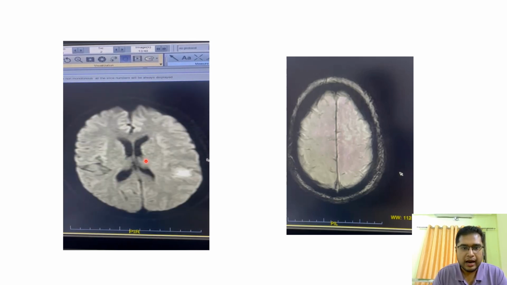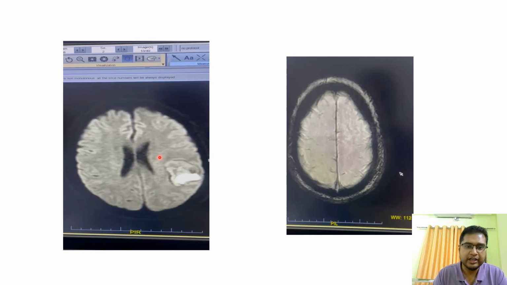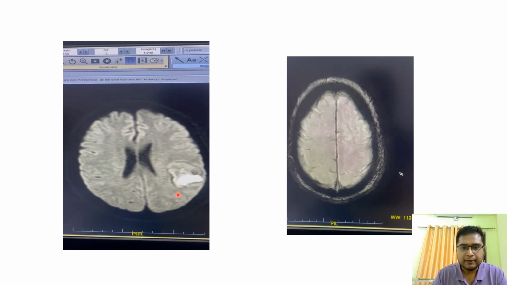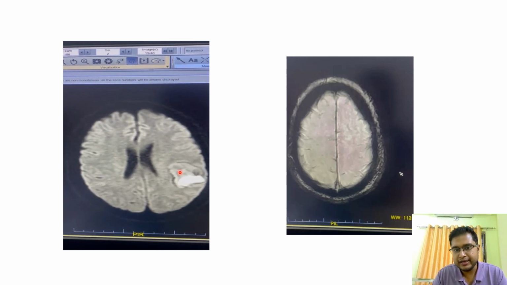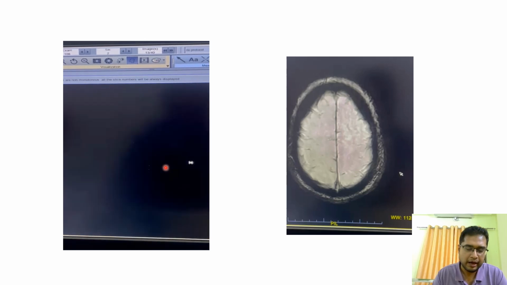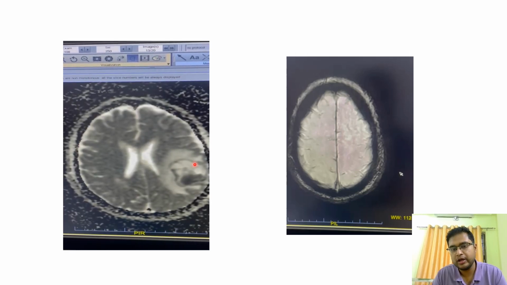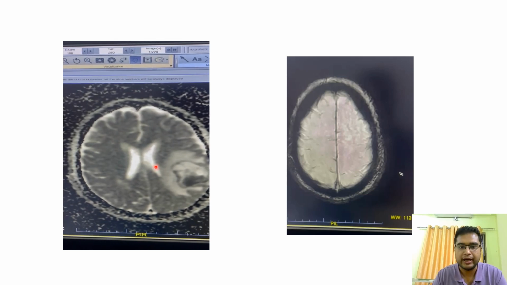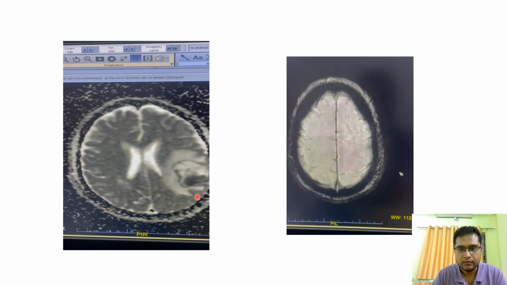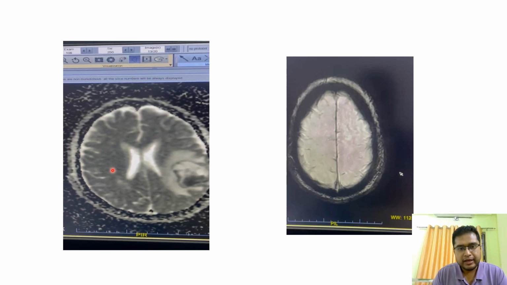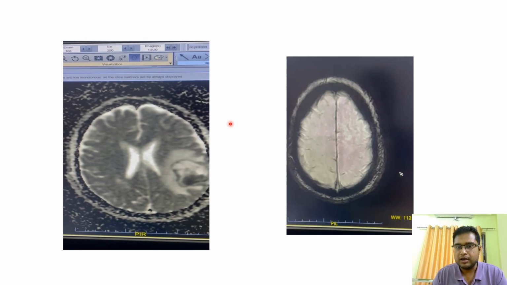And these are the DWI images where we can see that there is hyperintensity within the particular lesion, and it is showing hypointensity on the corresponding ADC map, suggesting an area of restriction. And again there is surrounding vasogenic edema that is very well appreciated.